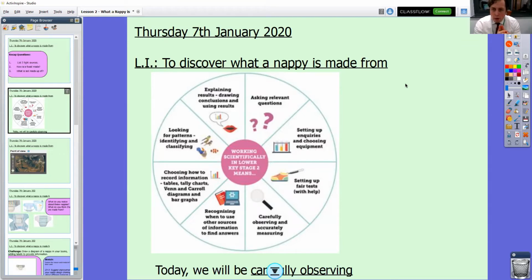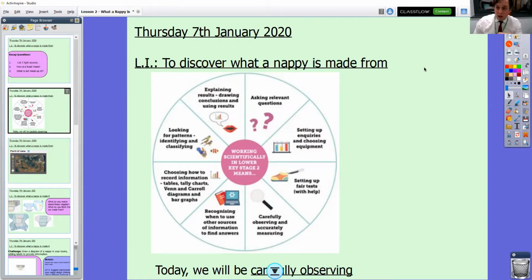We know that when you are doing a science lesson, you learn so much, or any lesson to be honest, through what you see and through what you observe, through looking at things with that critical eye, and also maybe sometimes even observing things over time. So today, I want you to really get that skill secure and have a real good think about the kind of things that you're seeing and thinking about why they are that way.